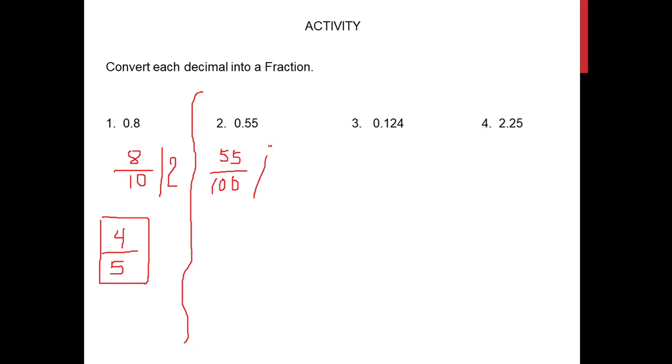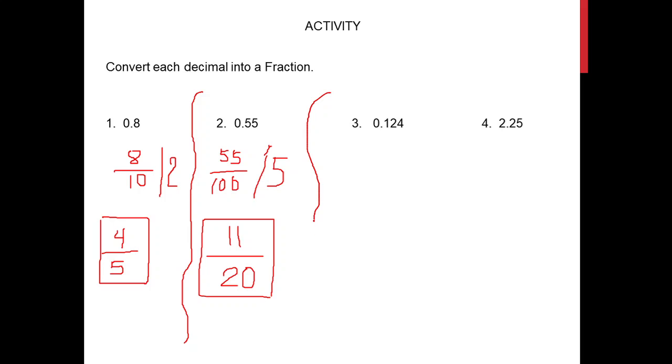So let's simplify this one by dividing both sides by 5. So we have 55 divided by 5 gives us 11. 100 divided by 5 gives us 20. Can we simplify this one? No. So this is the simplest form of our decimal.